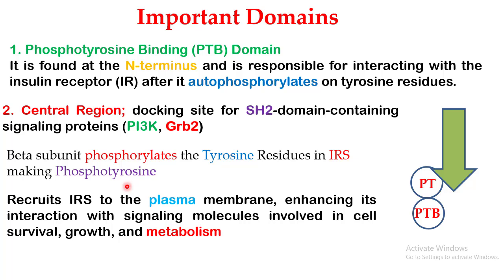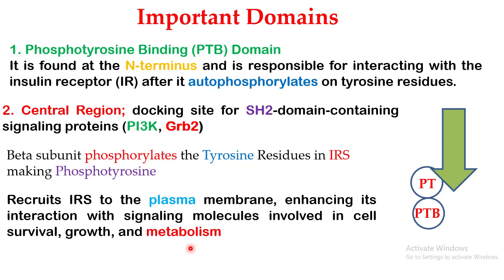Now, this phosphorylation of the tyrosine amino acid, the creation of this phosphotyrosine, recruits the IRS to the plasma membrane, and when it is recruited there, it enhances its interaction with the signaling molecules involved in cell survival, growth, and metabolism.